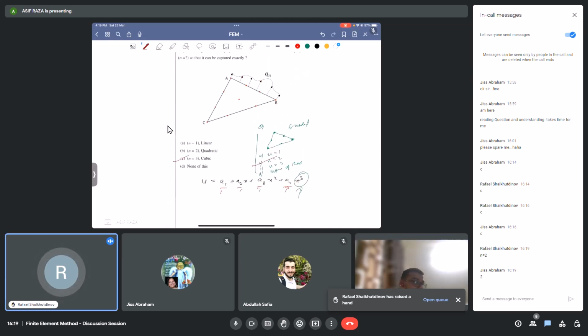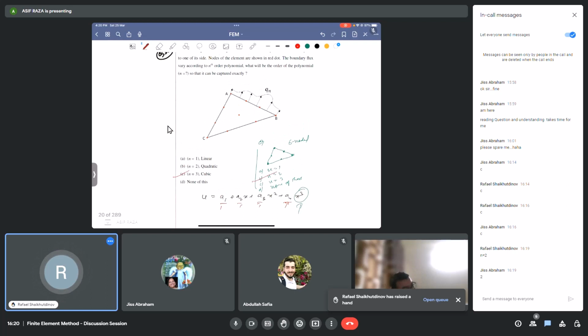I have a question about this. Because the question asks to capture exactly, why can we not say that linear, quadratic and cubic can also capture it exactly?